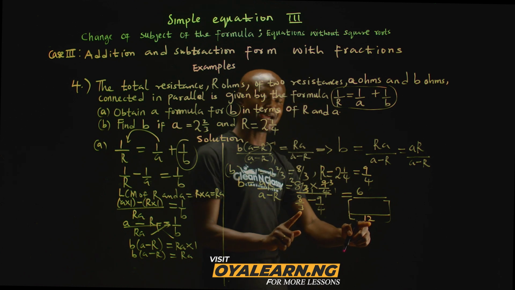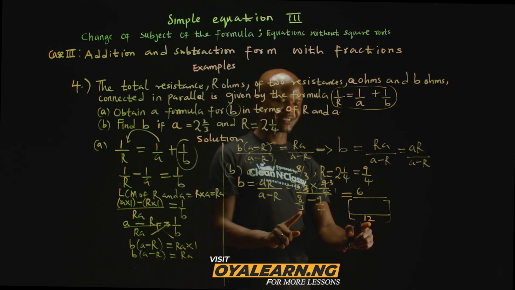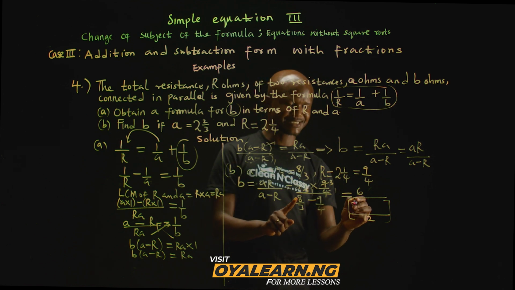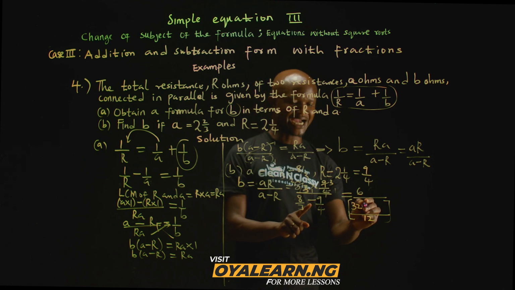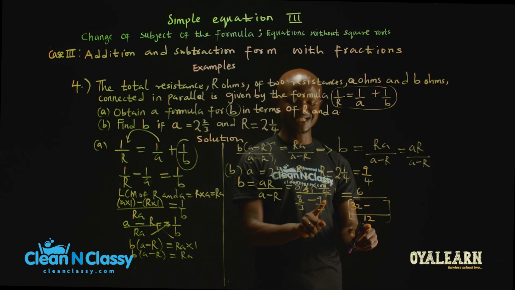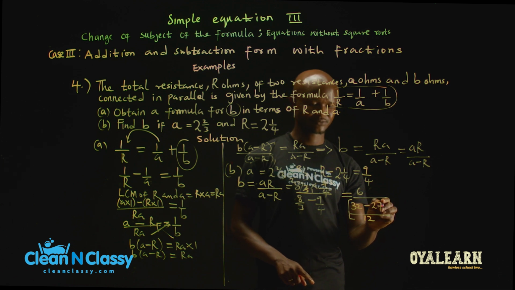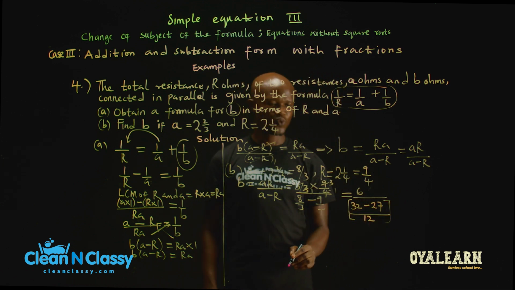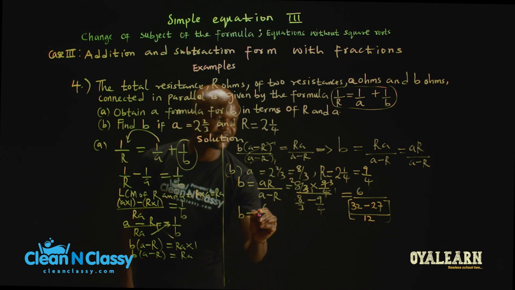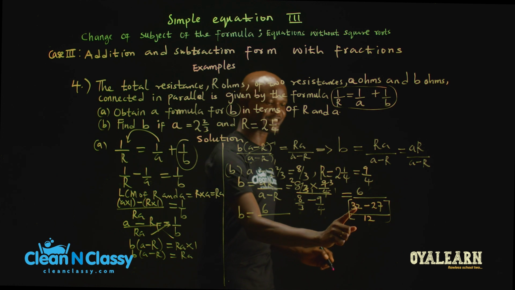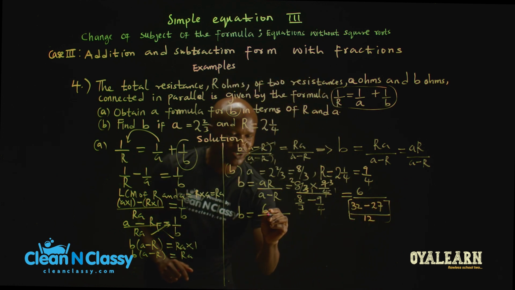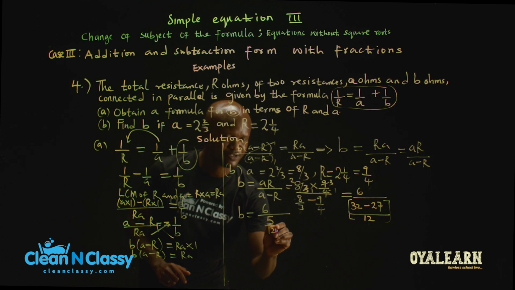So 12 divided by 3 is 4, and 4 times 8 is 32. Now, minus 12 divided by 4 is 3, and 3 times 9 is 27. So now we have B equals 6 divided by 32 minus 27. That is 5. So we have 5 over 12.